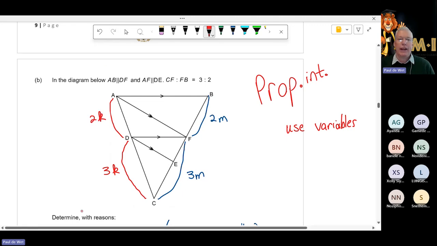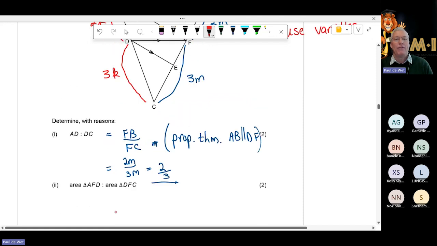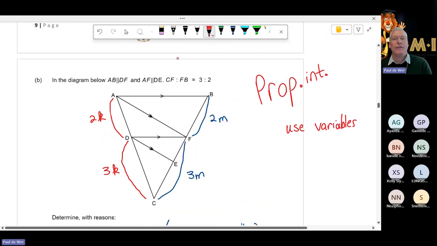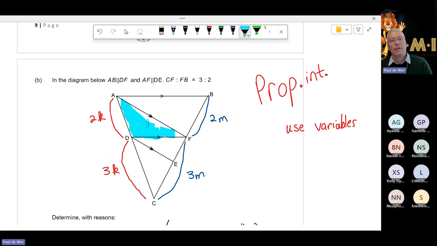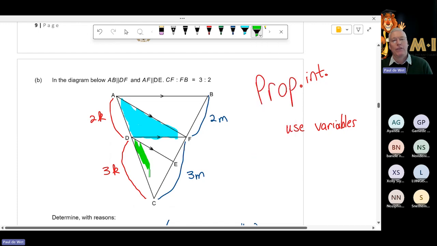All right. Okay, anybody want to talk to me about now the area of AFD to DFC? Okay, so we're talking about this triangle here, to DFC. Talking about this triangle, and this triangle, sorry.